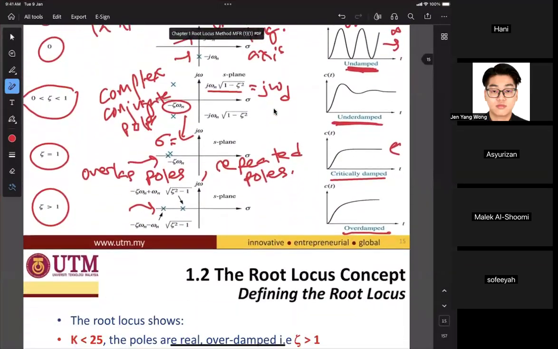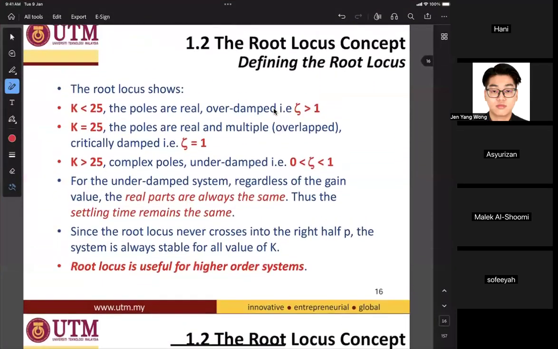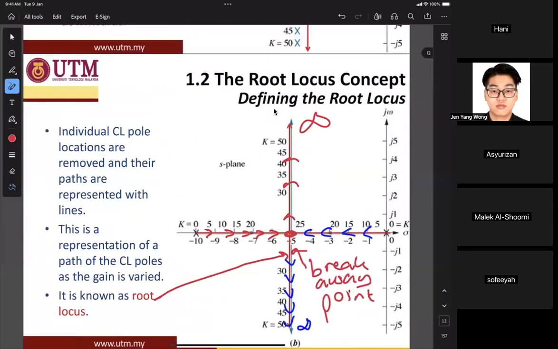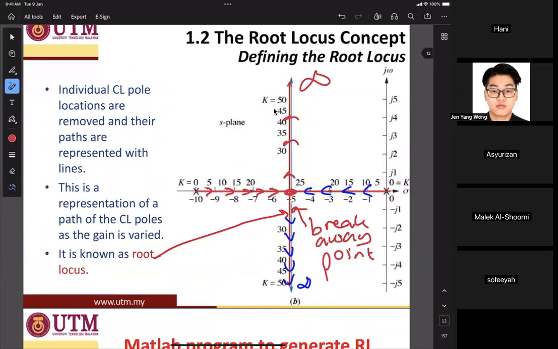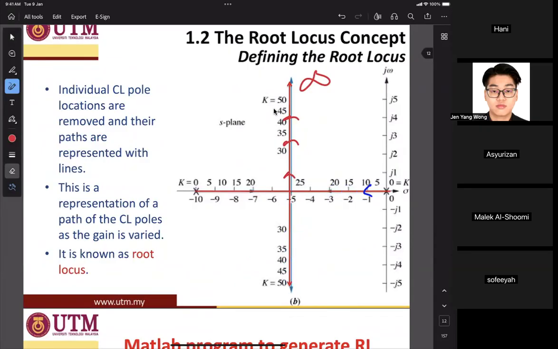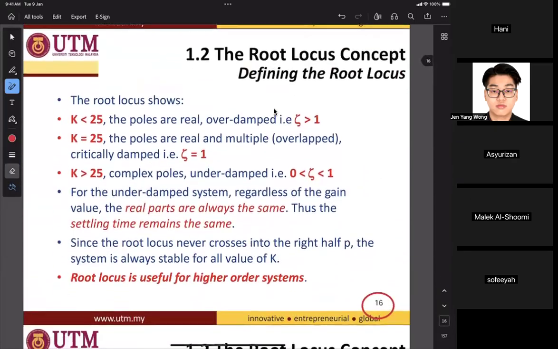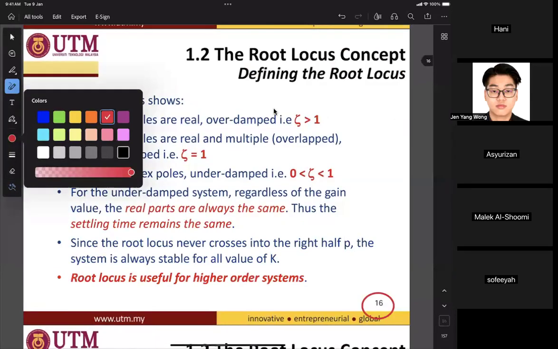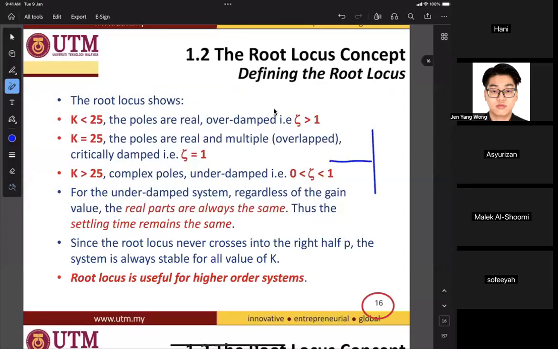So we move to the next slide, which is slide number 16. In slide number 16, we are referring to this drawing, guys. Let me delete my handwriting. So I am referring to this figure.